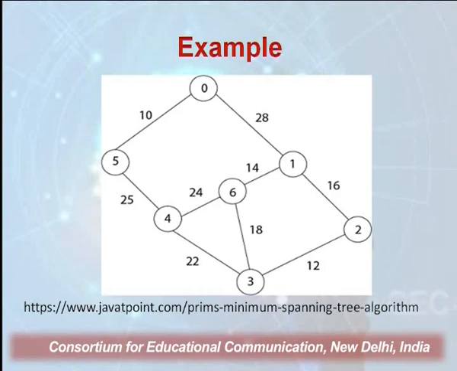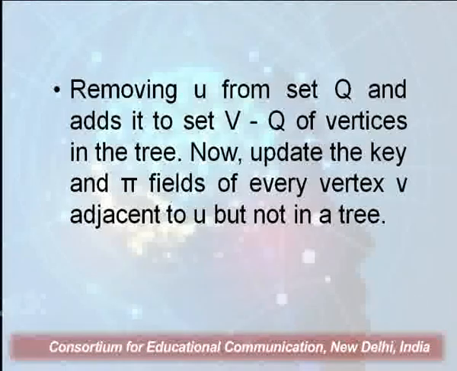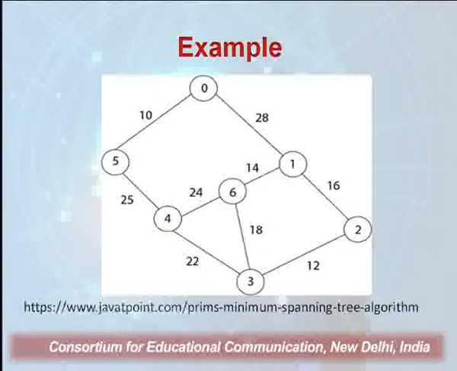So the key of all the vertices will be set as infinite, except the vertex 0, which we have chosen arbitrarily as our starting vertex. So the key of vertex 0 is 0, while for all others it is infinite.